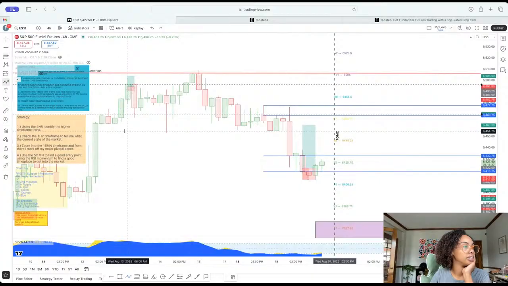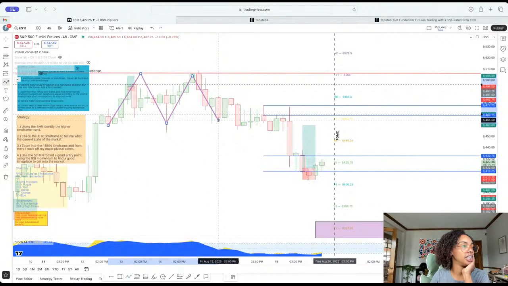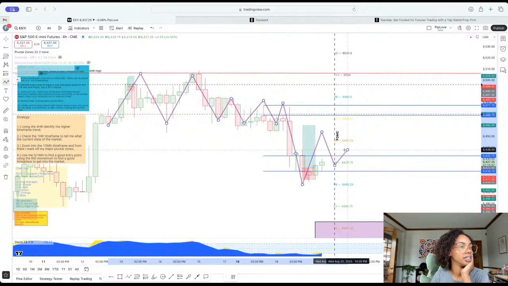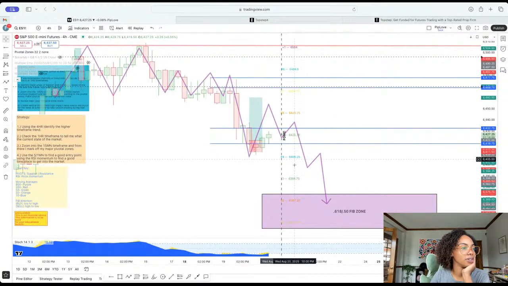It was consolidating, I mean, ranging here, and then price broke below this area of support. Now we're making lower lows. We might pull back to make a lower high before continuing. It's never smooth movement. We always get a little trick around these areas.